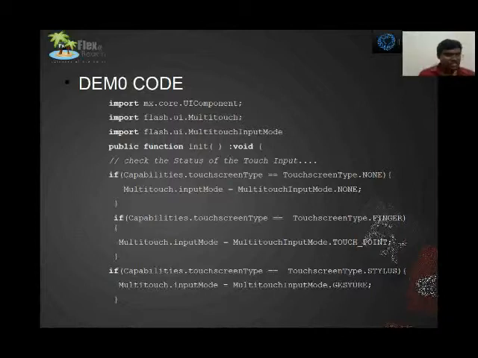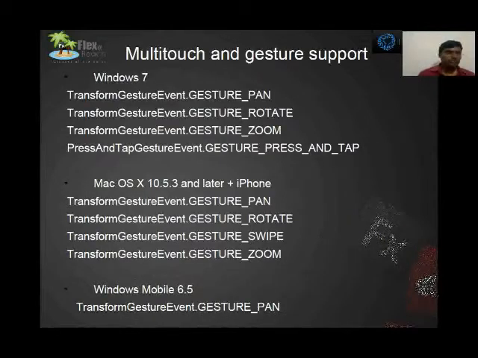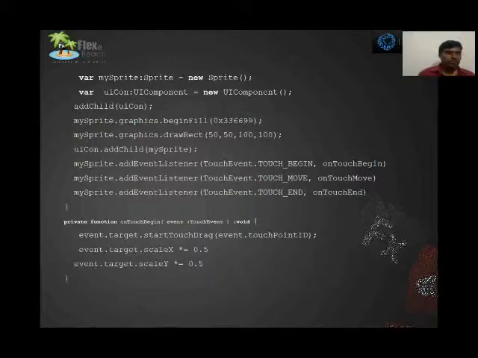In this code, what I'm going to do is just drag and drop a simple image or simple sprite. For that I need to create a sprite. I have created a sprite, and using graphics I fill the color and draw the rectangle for it.